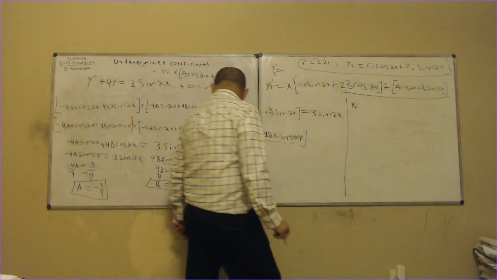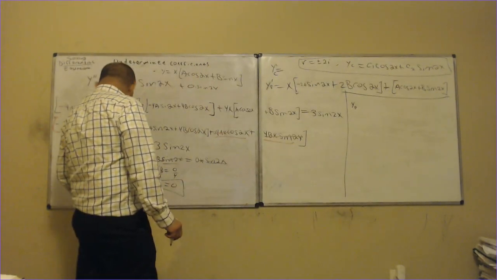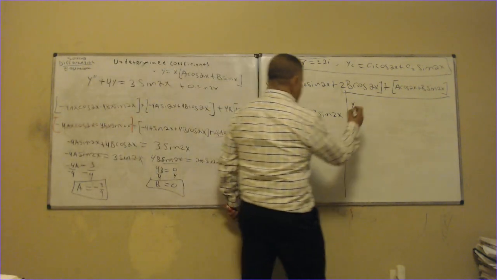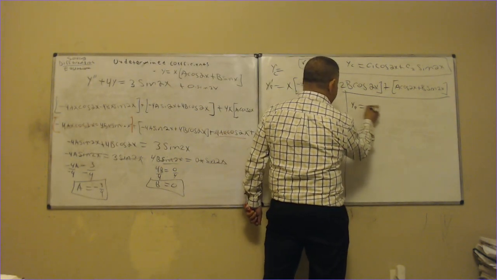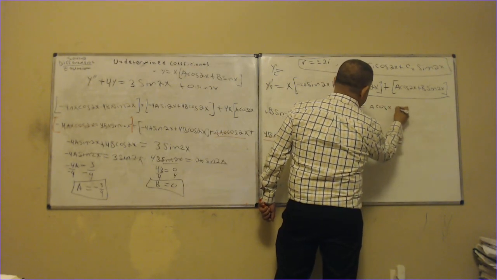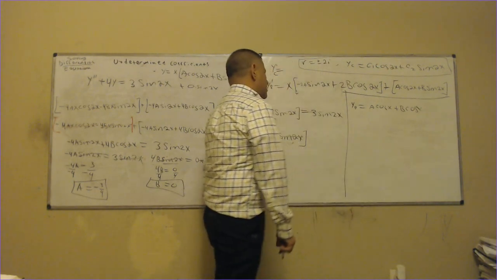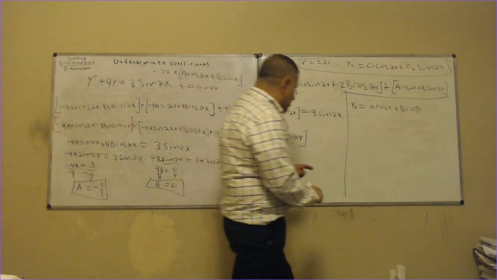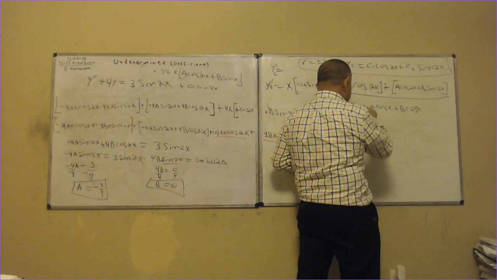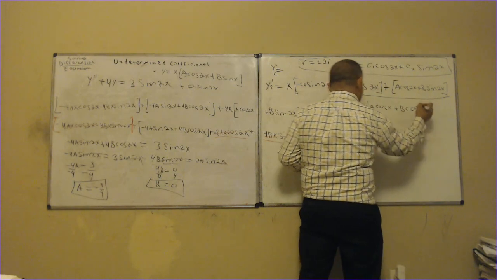Now we found A and we found B. So now remember that we have a yp with A cosine x plus B cosine x, but also remember that we multiply this by x. We need to do the same thing here.